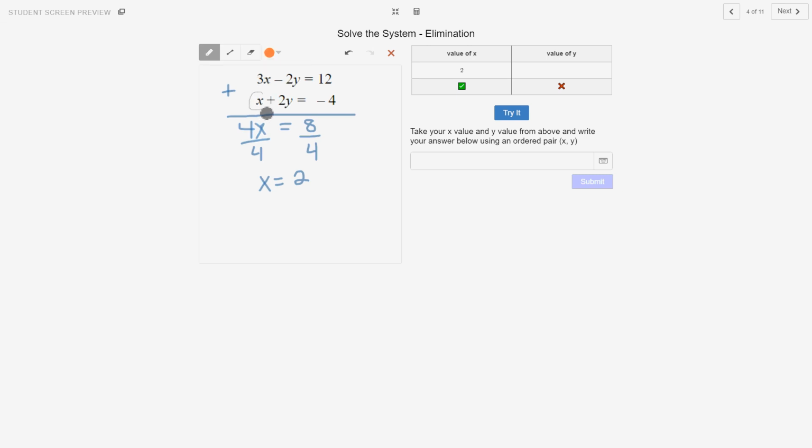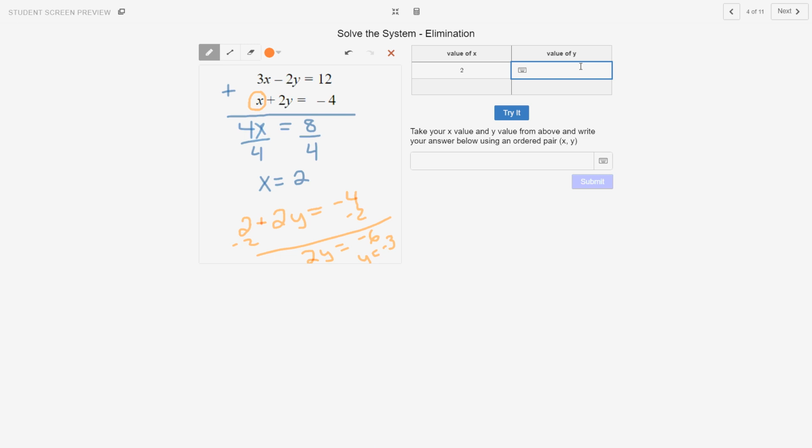I know what x is, and I'm going to plug it in right there. 2 plus 2y equals negative 4. Subtract 2 from both sides. And I get 2y, running out of room, equals negative 6. Or y equals negative 3.